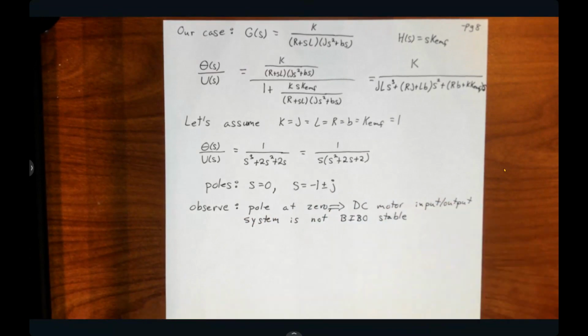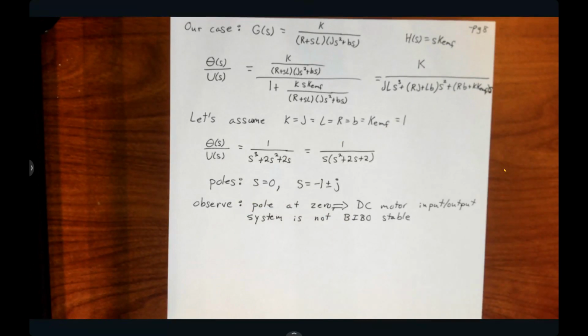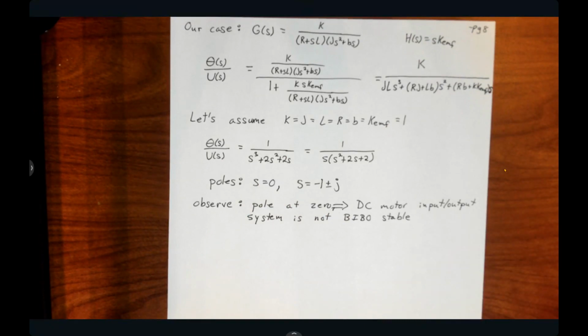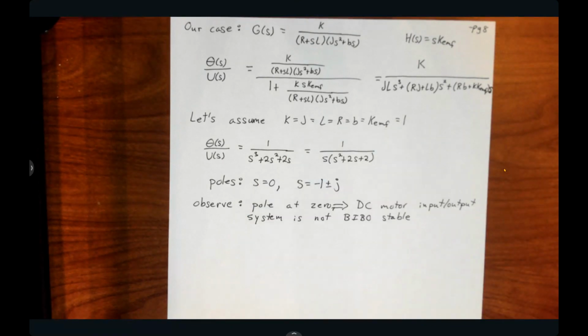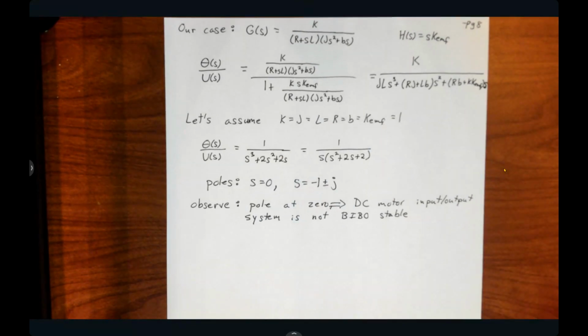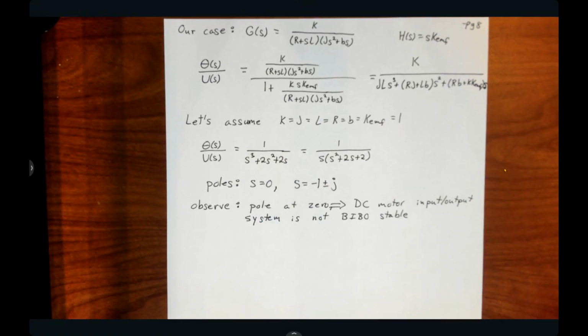Right, so this kind of makes sense. If you apply a constant voltage to your motor, then your position is going to be unbounded. It's just going to keep rotating without any stopping. So intuitively it does make sense, and looking at this Laplace transform, the transfer function here, and this idea of the poles, we can verify that using this method as well: because we have this pole at 0, this motor is not BIBO stable.